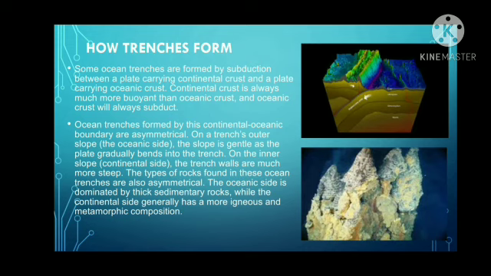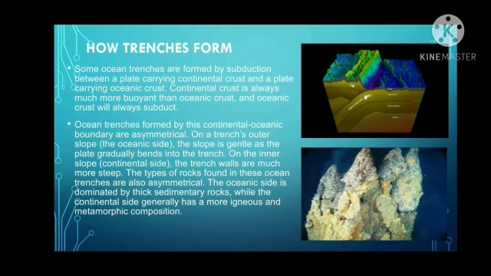Oceanic trenches formed by this continental-oceanic boundary are asymmetrical. On the trench outer slope, the slope is gentle as the plate gradually bends into the trench, while on the inner slope the trench walls are much more steep.